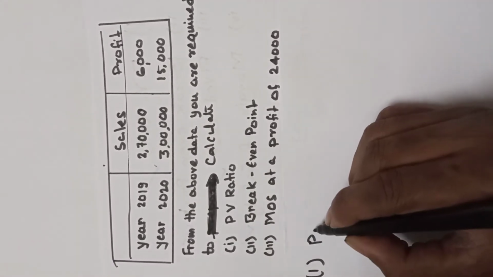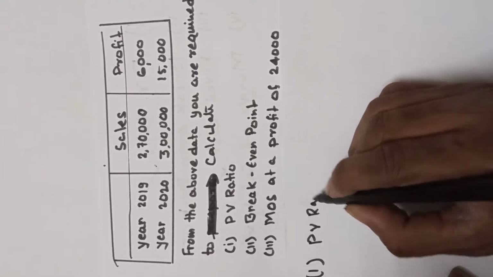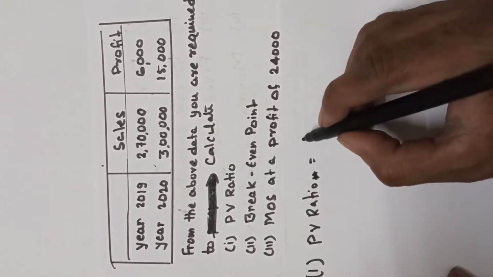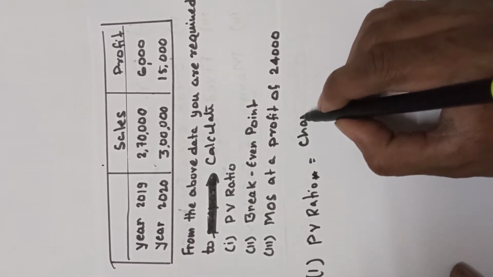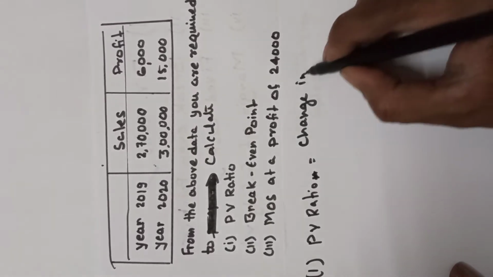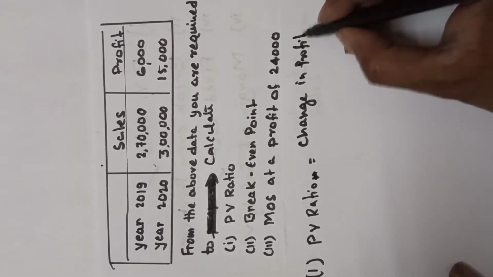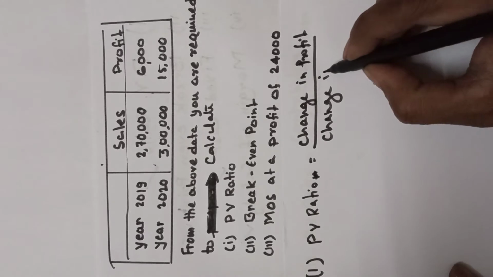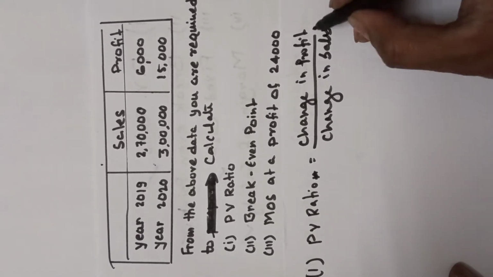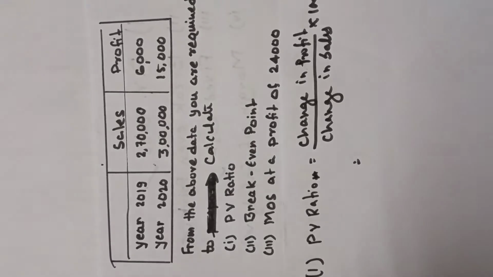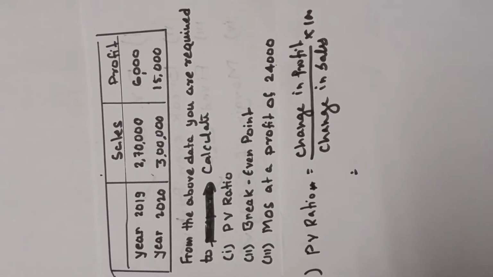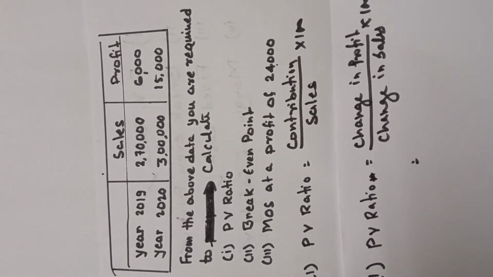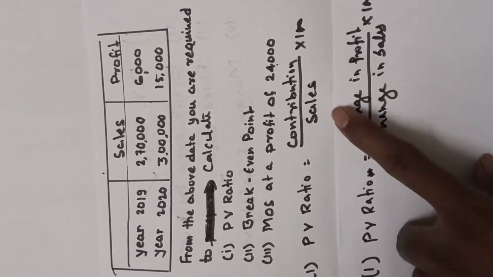First of all, we have to write the PV ratio formula: change in profit by change in sales. But in the previous video, we learned the PV ratio formula as contribution by sales into 100.